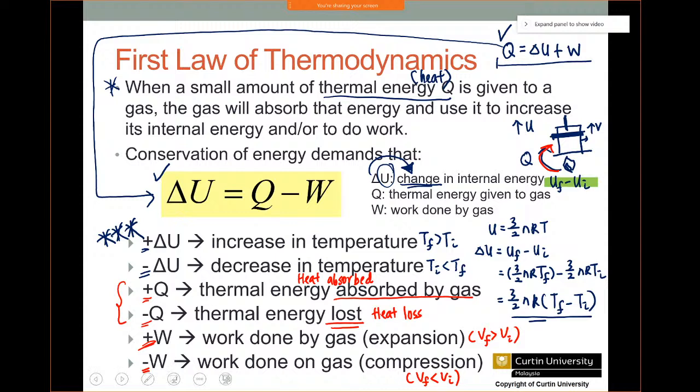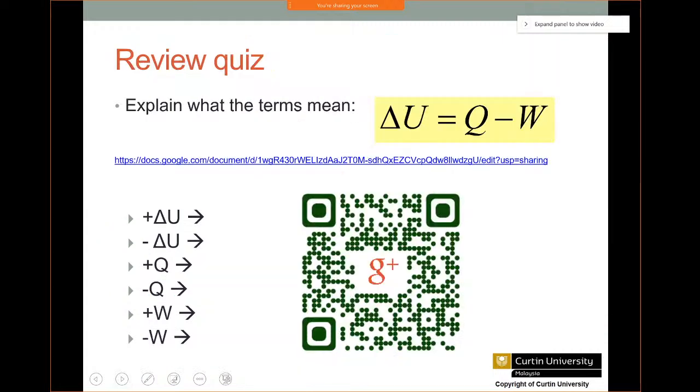Okay, so now without looking at the notes, go and hide all the notes away. I would like you to write down what is the sign convention, including the explanation of each term.